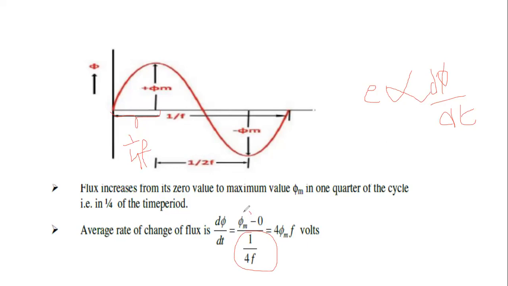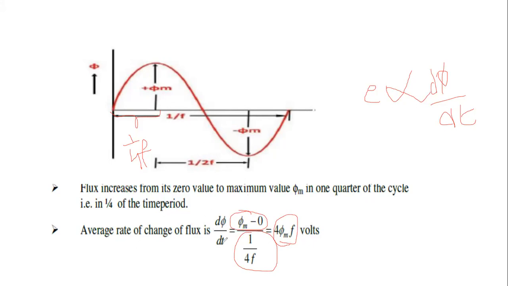Therefore the average rate of change of flux is phi m divided by 1/4f, which is 4 phi m f volts.